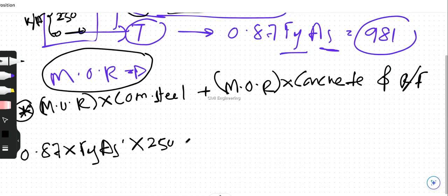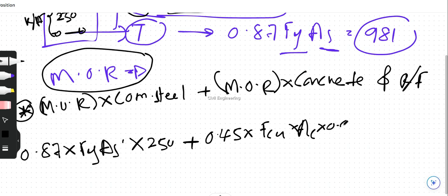And the concrete section, it is 0.45 fcu. We take it as 25 Ac. It means it is equal to 0.9 into neutral axis into the width into, this is the most important one, 232.5.